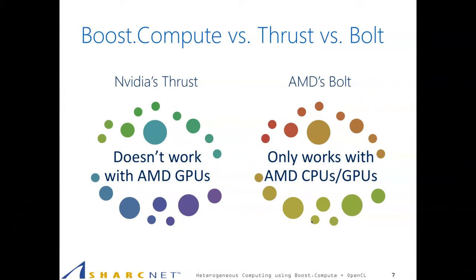So it's not multi-platform. And the problem with AMD's Bolt is again the same, it only works with AMD CPUs and GPUs. But the good thing about Boost.Compute is that because it uses OpenCL, it's not dependent on any platform. So you can run it on any system that has a working OpenCL driver.